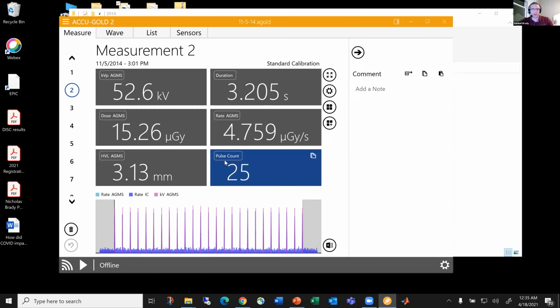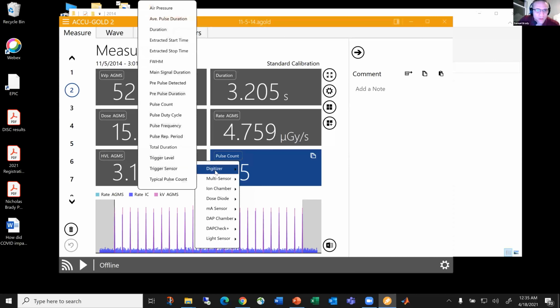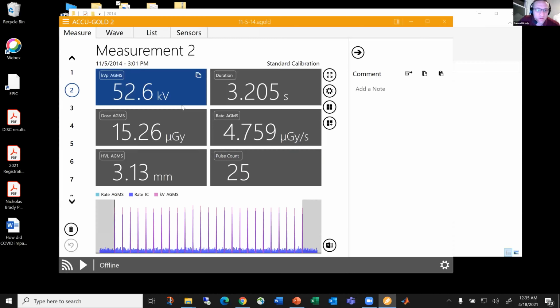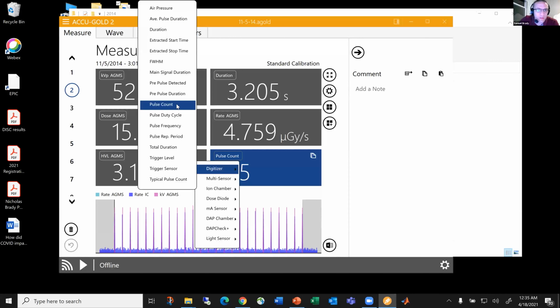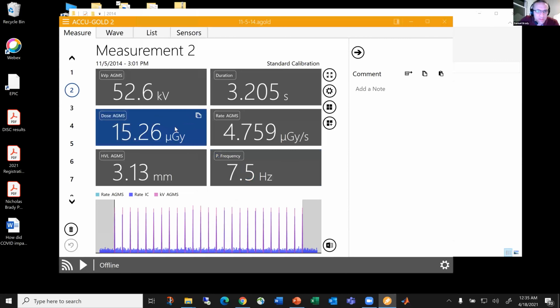Okay, one of these options would allow me to, there we go. It wasn't letting me pulse count. So there were 25 pulses over 3 seconds. And so I could do some math here. Actually, I think it might give me pulse rate. Pulse count, pulse frequency. There you go.